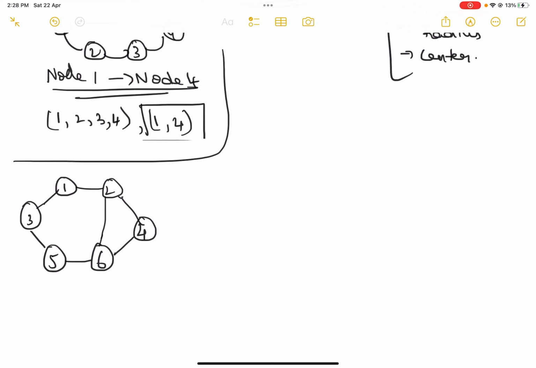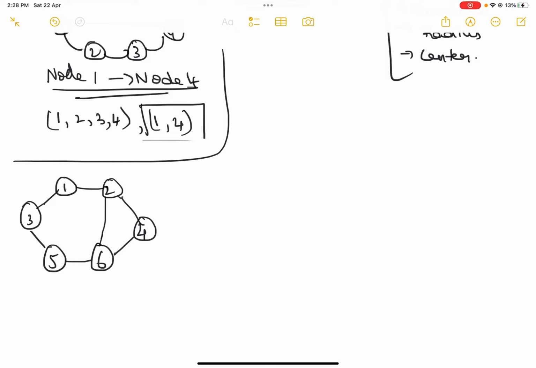The definition of eccentricity is the maximum of the shortest paths to any other node in the network. Which basically means that for each node, we will calculate the shortest paths to every other node in the graph, and the maximum out of all of those is the eccentricity of that given node. We will understand this better when we solve the problem here.